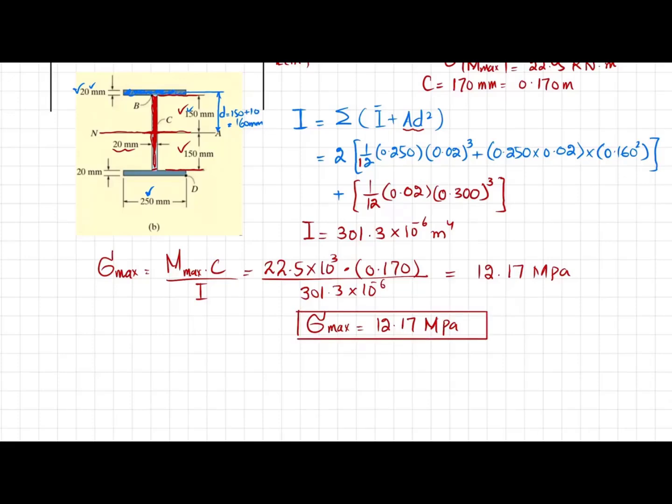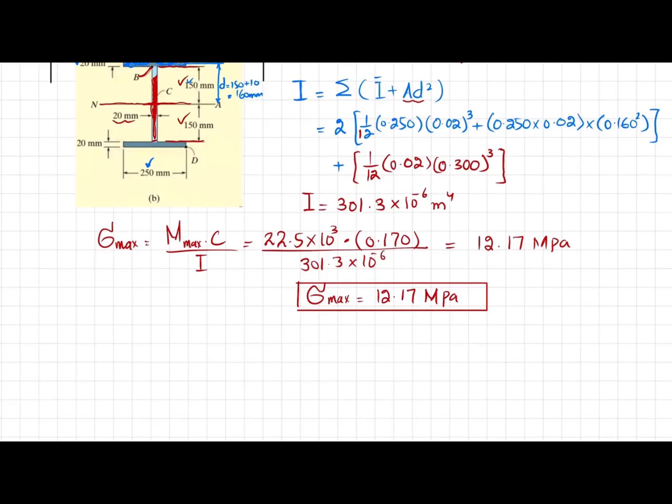So if you want to find the stress at point B, let me clear it. You have this formula: stress at point B is equal to minus M into C, replaced with YB, the distance from neutral axis to the point B, divided by I. So your maximum bending moment is 22.5 into 10 to the power 3.